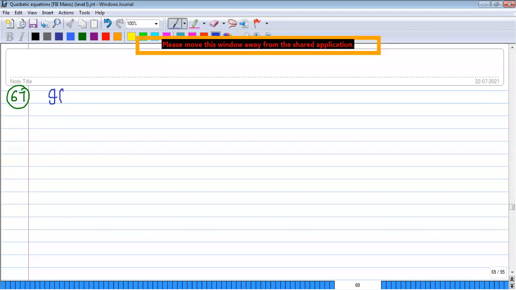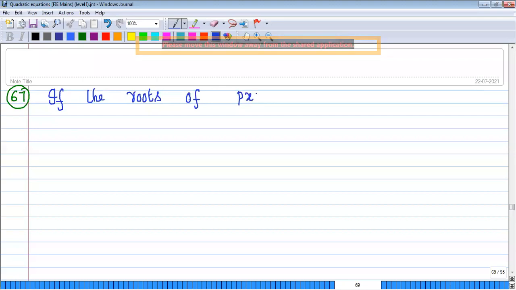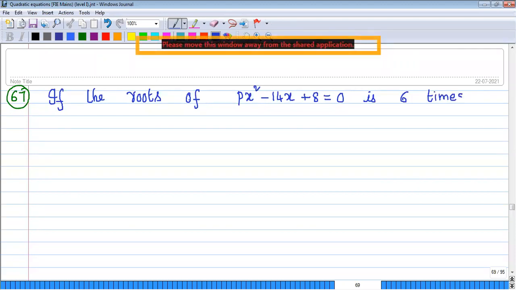If the roots of px square minus 14x plus 8 equals to 0 is 6 times the other, then p equals to?